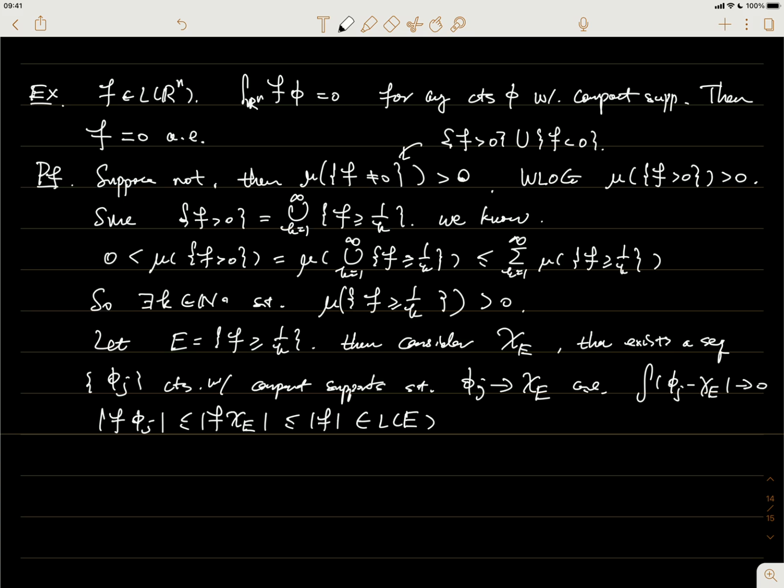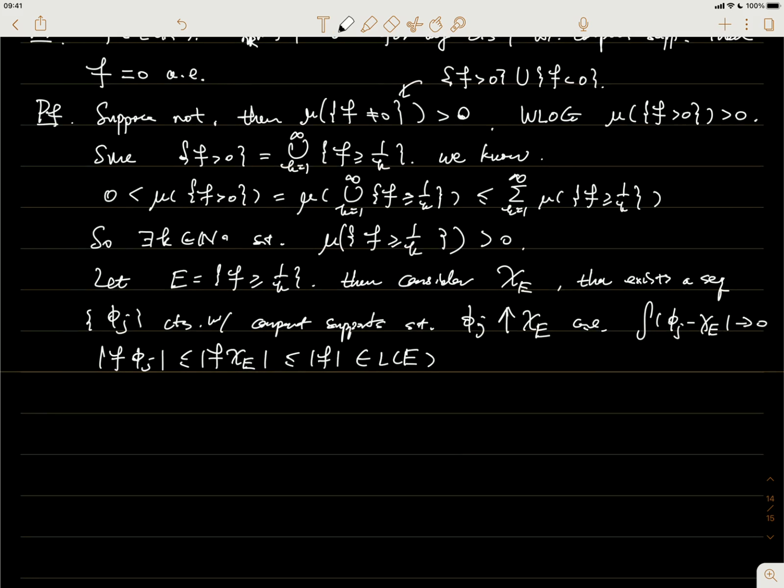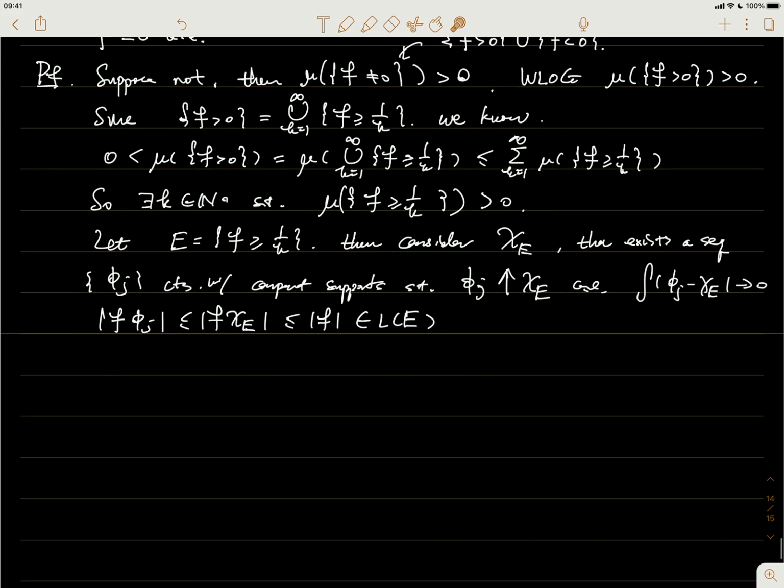So that's why the continuous function we constructed can always be bounded above by that function, and phi_j is actually going to K from below. So the first part holds because phi_j is approaching K from below, and this part because K is equal to 1, is bounded by 1. That's why we have this, and this is the integrable function.